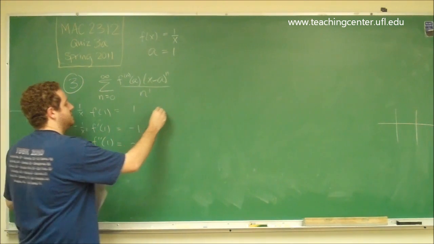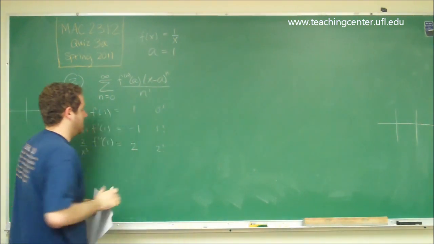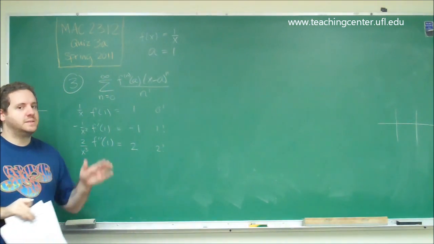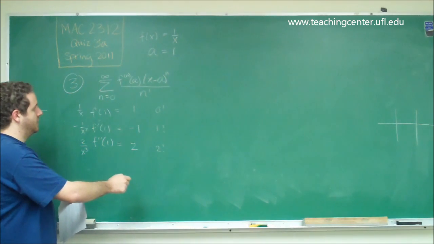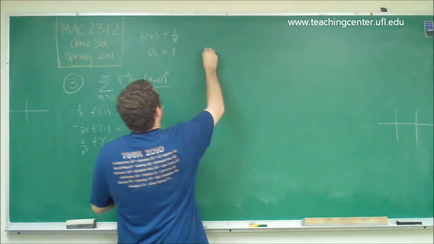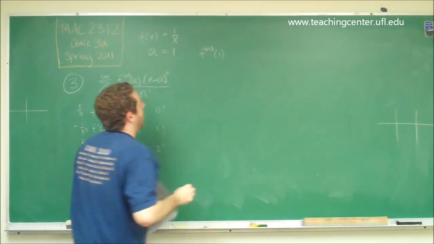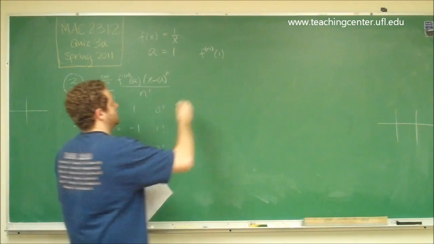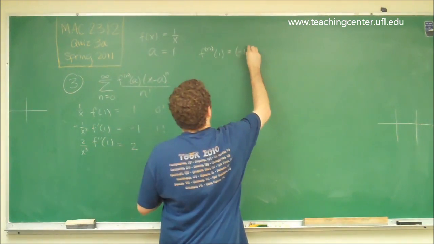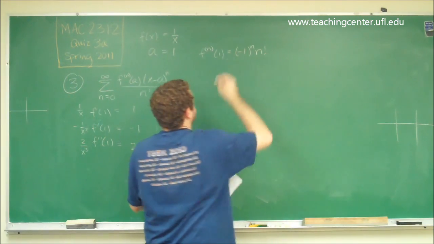And so this is like 0 factorial, 1 factorial, 2 factorial. The next one would have been 3 times 2 times 1, so 3 factorial. And we're alternating. So the nth derivative at 1 is really just an alternating factorial. So this is negative 1 to the n, n factorial.